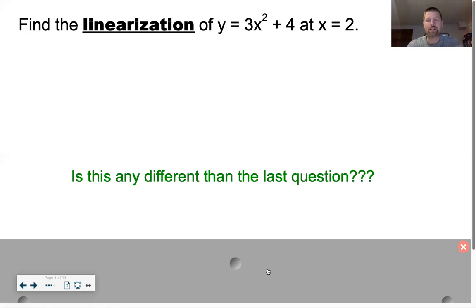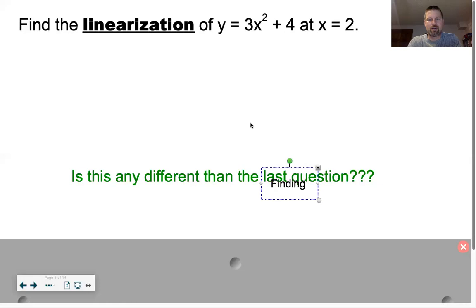The reason it's called a linearization is if you have a curve and you want to find a linear representation of that curve at a particular point, well, that linear representation would just be a tangent line, the line that goes through the same point on the curve and has the same slope. It's a tangent line. So this is the exact same thing. So I'm going to just write a note on that.